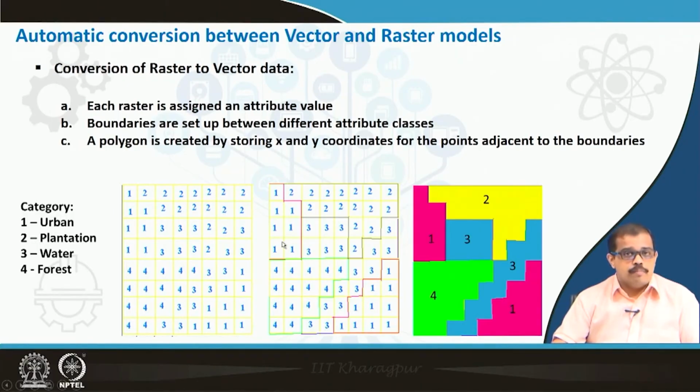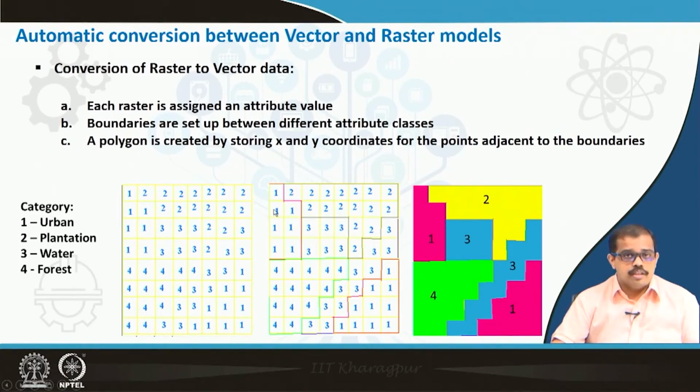So, you draw boundaries across 1s, boundaries across 2s, boundaries across 3s, wherever they are found. If the pixels are continuous, draw a single boundary. If they are different, for example 3 2s here and 2 2s there, each of these will become a polygon. Based on that, you draw a boundary.